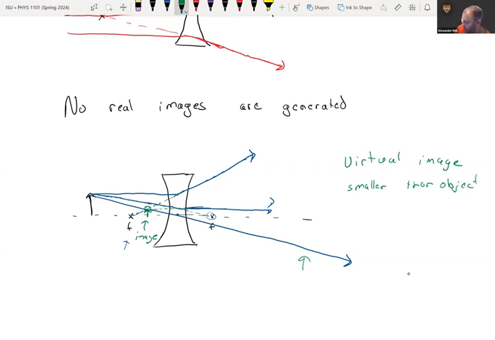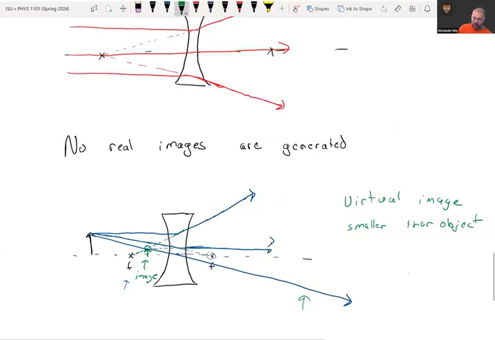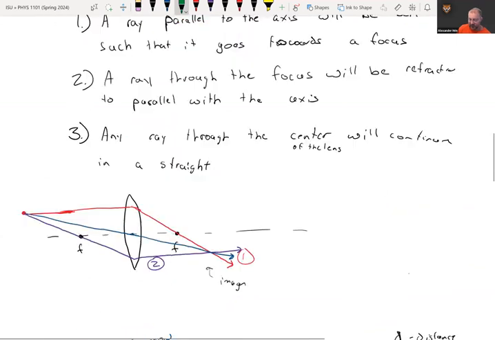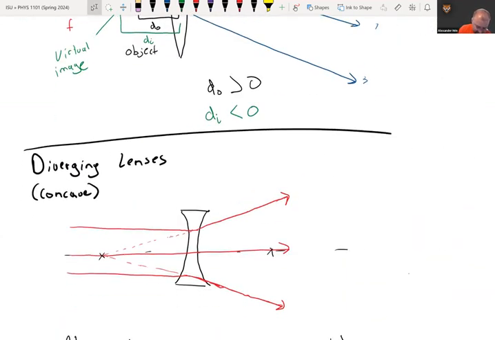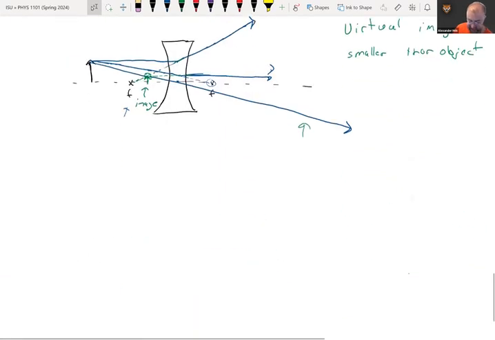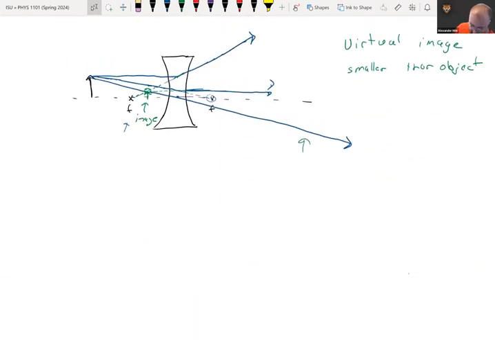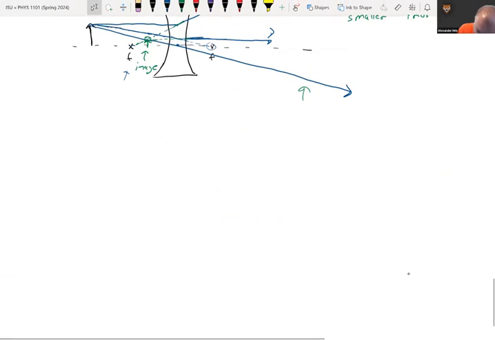Okay. All right. Now, it turns out that with a lot of these diagrams, you can do some geometry to come up with some relationships about how the distances involved relate to one another. I'm just going to go ahead and give you those equations.